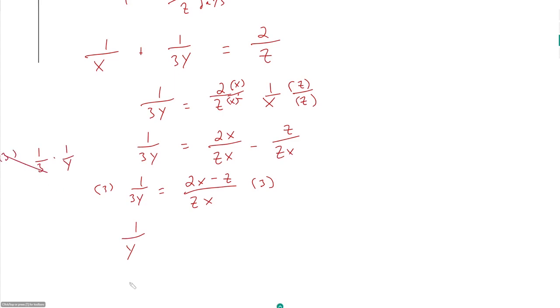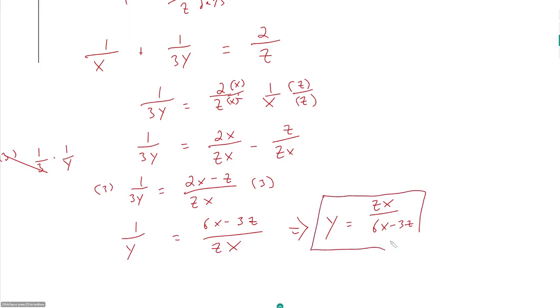All I'm really doing is canceling out this 3 here. So I still have 1/Y equal to 6X minus 3Z all over ZX. And I want to get everything in terms of just Y. So if 1/Y is equal to this, Y should be equal to just the reciprocal. So Y is equal to ZX over 6X minus 3Z.